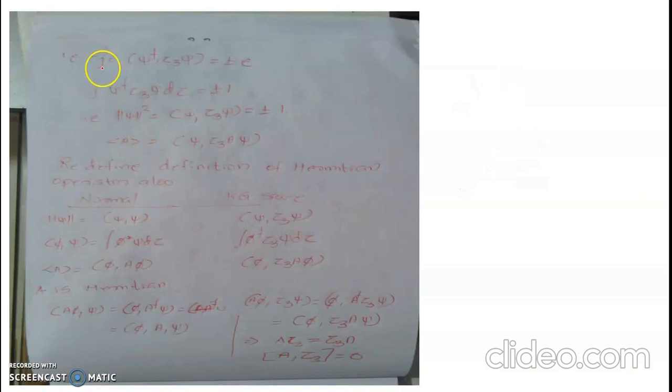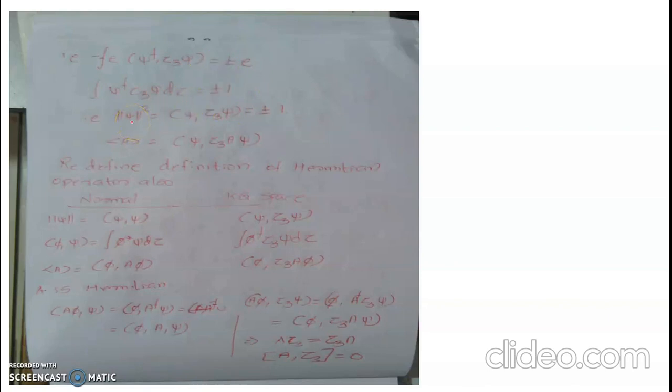Now we replace ρ by means of this expression we have already evaluated, integral of minus e ψ dagger τ3 ψ equal to plus or minus e, the e vanishes. Integral ψ dagger τ3 ψ dτ is equal to plus or minus 1. And this quantity that needs to be plus or minus 1 happens to be the Pauli probability density.